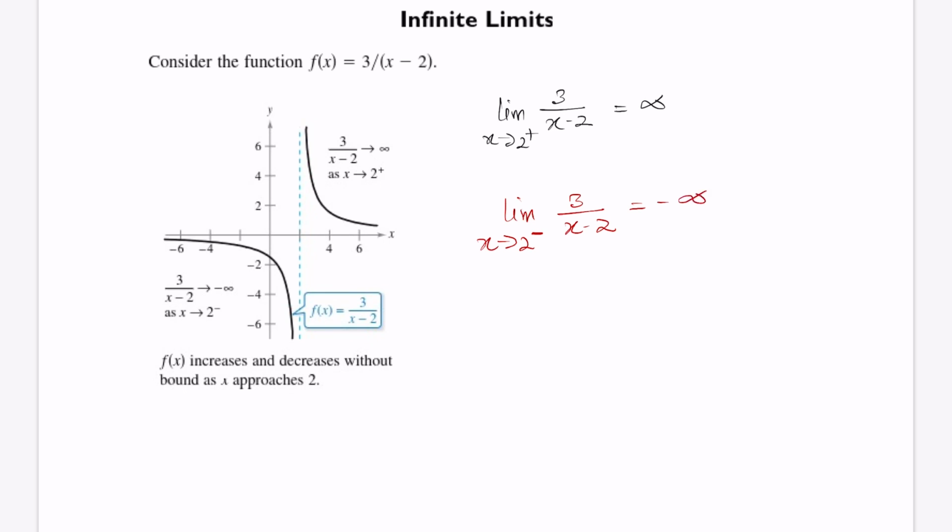So therefore, the limit as x approaches 2 of 3 divided by x minus 2 does not exist. Why? Because the left-handed limit and the right-handed limit are not equal.